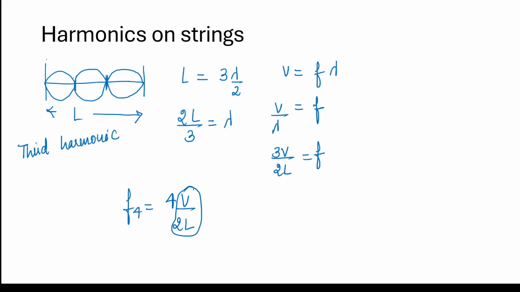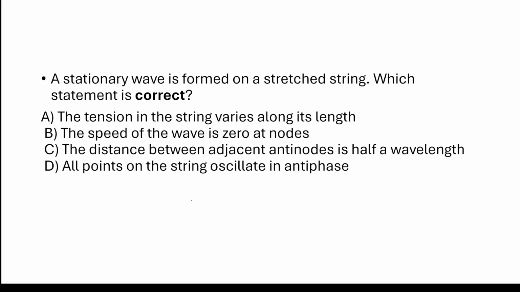Okay, let's do this question. A stationary wave is formed on a stretched string. That means it has tension. Which is correct? Tension on the string varies along its length. No, the tension is the same everywhere. The speed of the wave is 0 at nodes. Is that right or wrong?